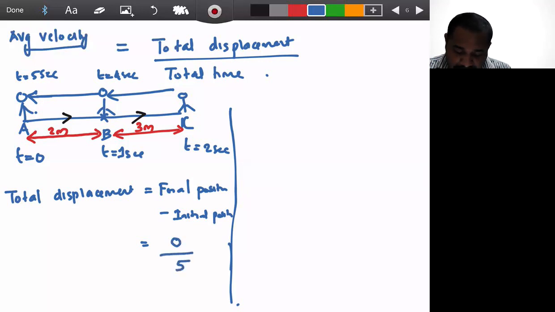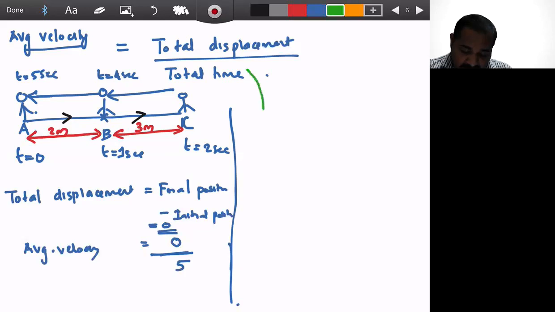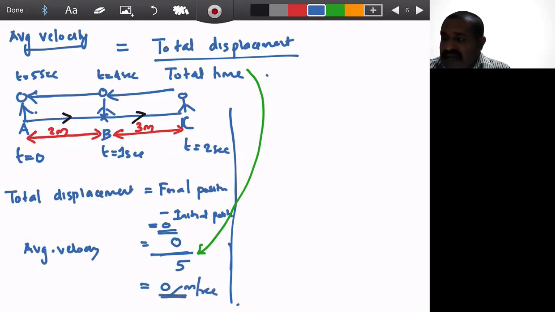What will be the total time? 5 seconds. Therefore, average velocity is equal to total displacement divided by total time. So I applied this equation, and I'm getting 0 by 5. The answer is 0 meter per second. I hope you got it.